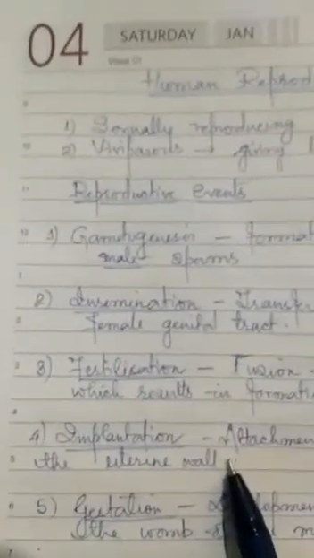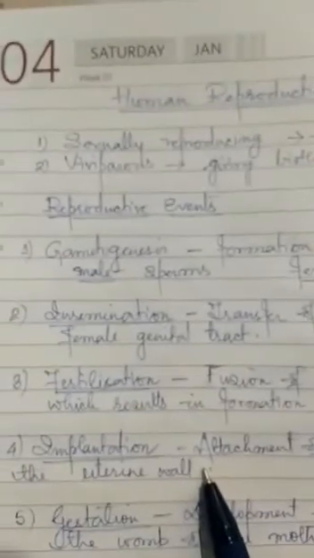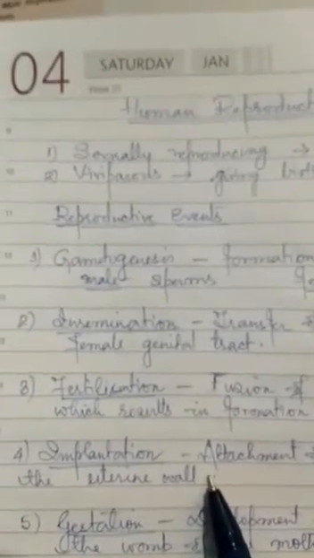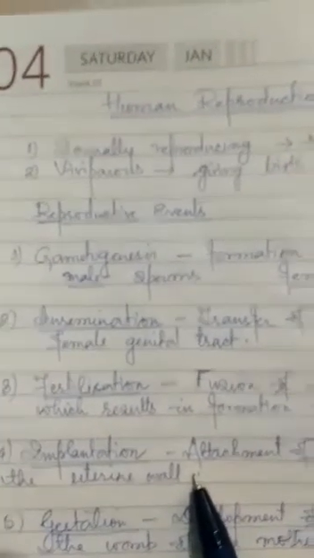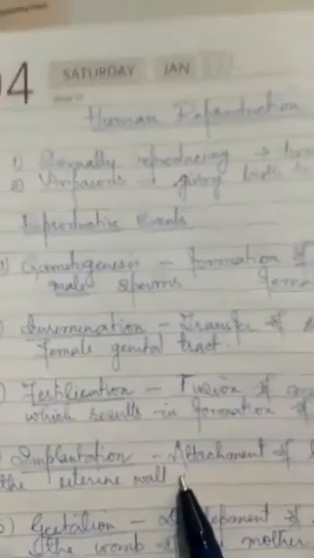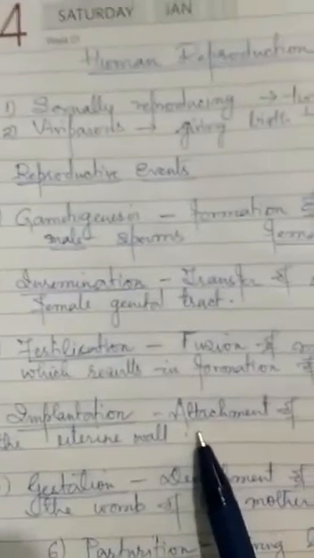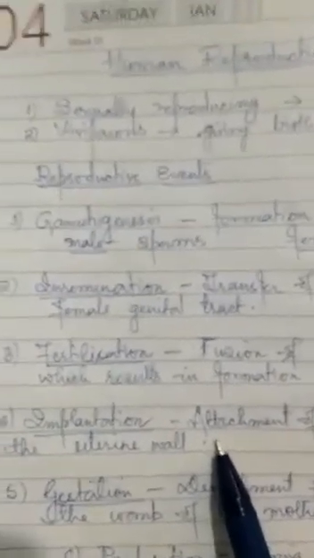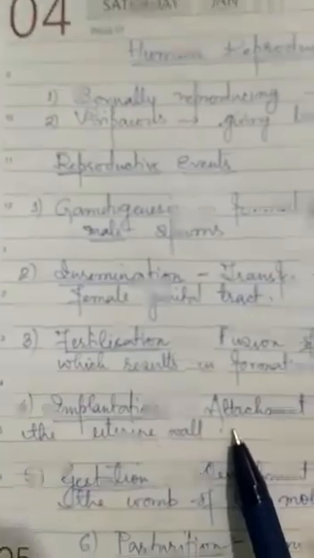After implantation, the multicellular stage or the embryo keeps on developing inside the womb or the uterus of the mother. The child keeps on staying there till it becomes mature, till it gets fully grown. This period of full development of the child inside the womb of the mother is known as gestation.